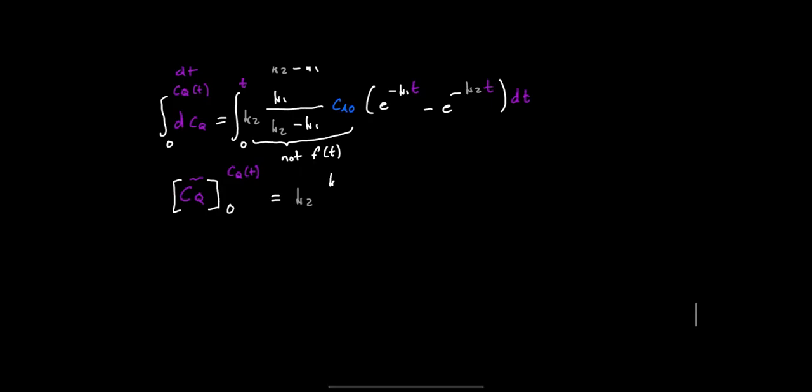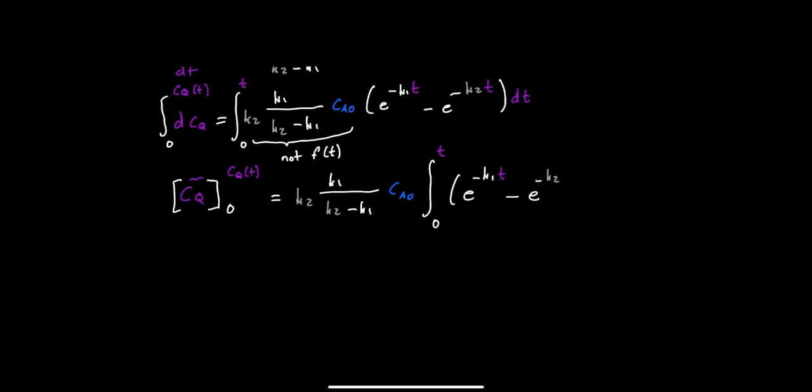So K2 times K1 divided by K2 minus K1 times Ca0 times the integral of e elevated negative K1 times t minus e elevated negative K2 times t, times dt.